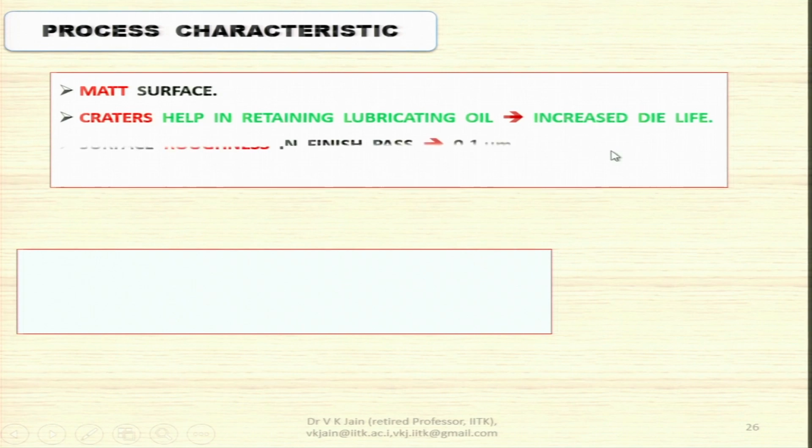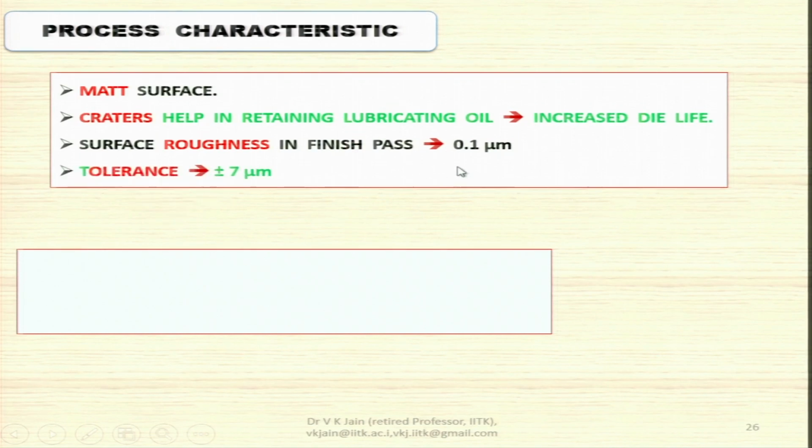Increased die life. Then you have surface roughness in finish pass, which can be around 0.1 micrometer, but all this depends upon the machining parameters that you are choosing and the workpiece material. Tolerances you can get as good as plus minus 7 micron.